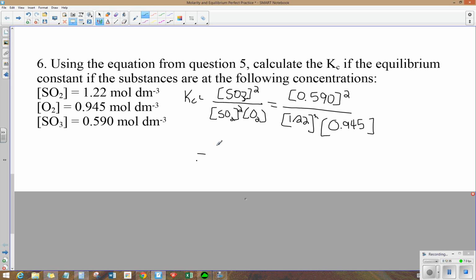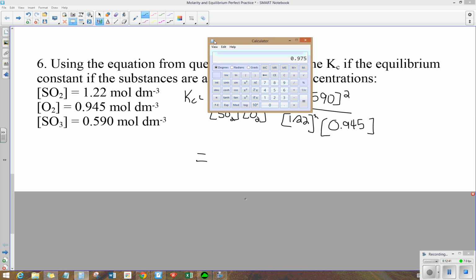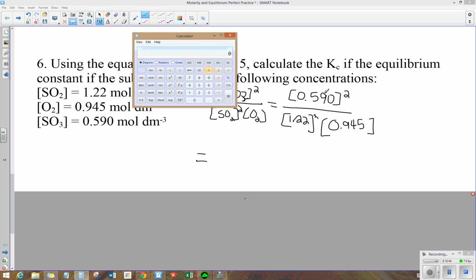Now, when you put this in your calculator, there's a couple different ways you can do it. You can solve for the top number, write it down, solve for the bottom number, write it down, and then plug those two numbers back in. Or you could do it all together starting with the top. So this is how I would do it. 0.590, and I want to square it, so squared.